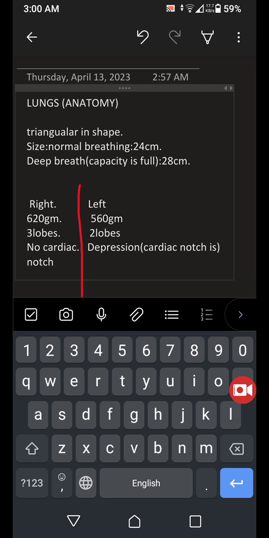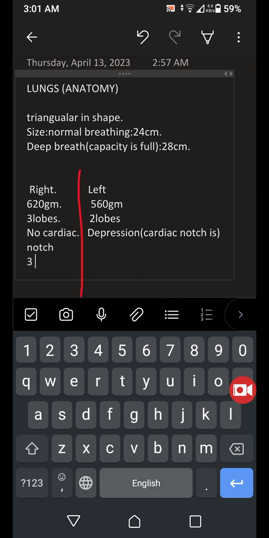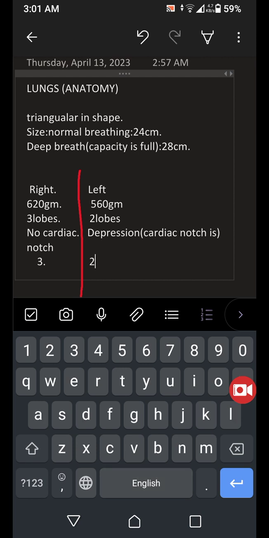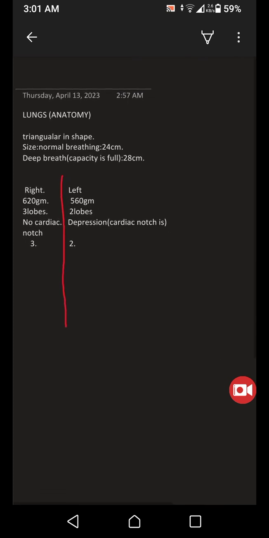Then in right lung the number of secondary bronchi is 3, and in left lung the number of secondary bronchi is 2. This is the difference of right and left lung.